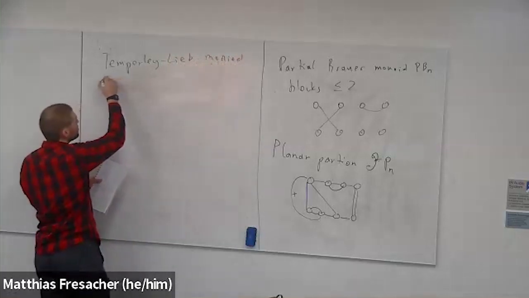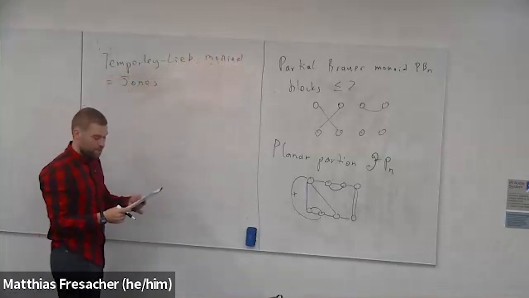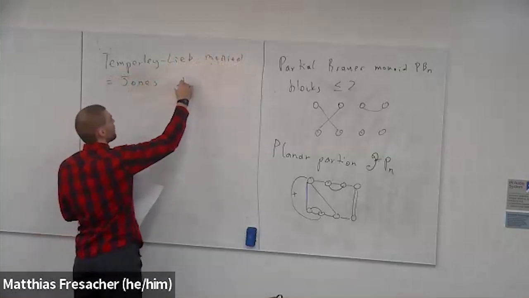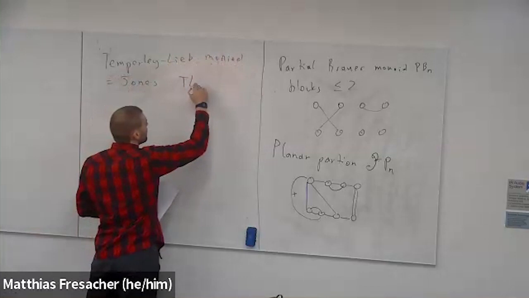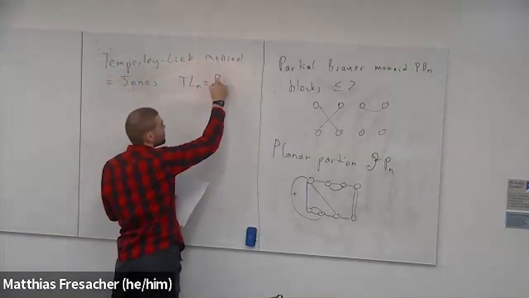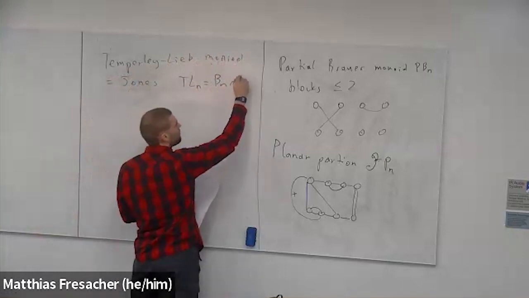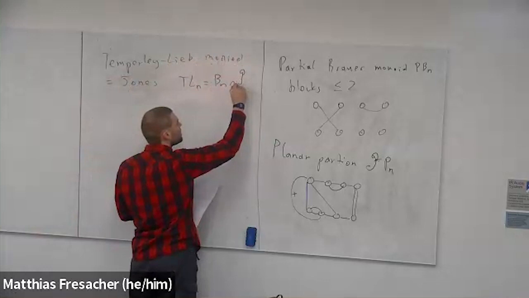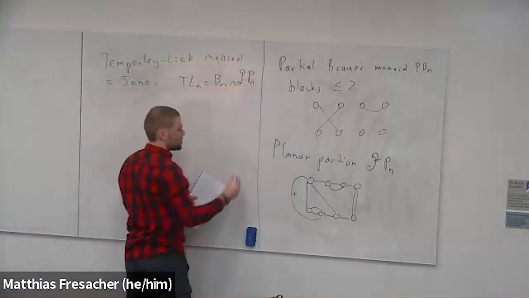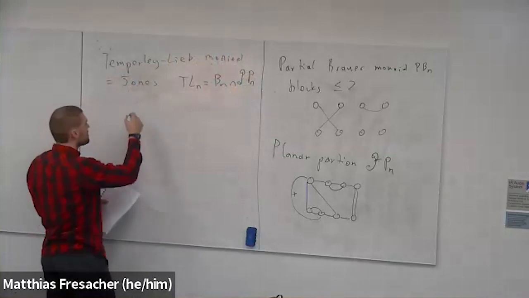Sometimes it's also called the Jones monoid. So TLn is going to be the intersection of, so we need to be both Brauer and planar. That means we need to have block size 2 and be planar.